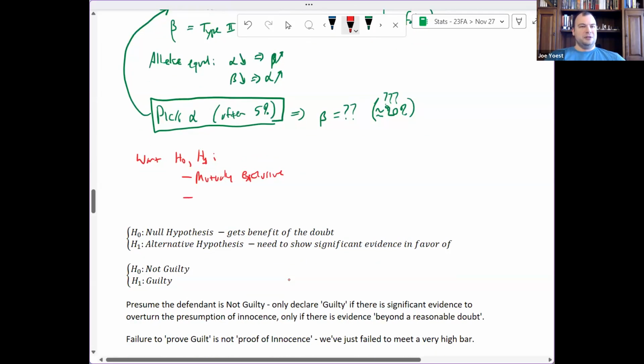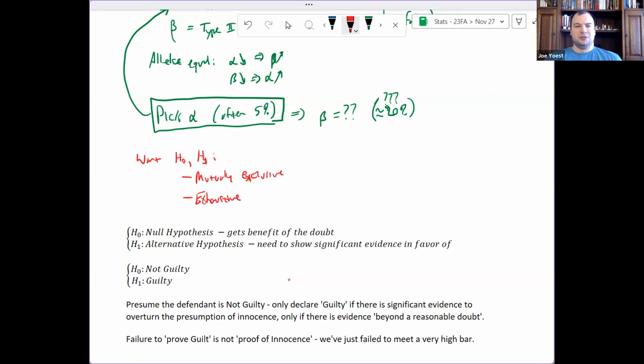The other one, which is a little more confusing, especially in light of how I just showed you that hypothesis test setup, is we want them to be exhaustive as well. In other words, every possibility is covered in either H0 or H1.